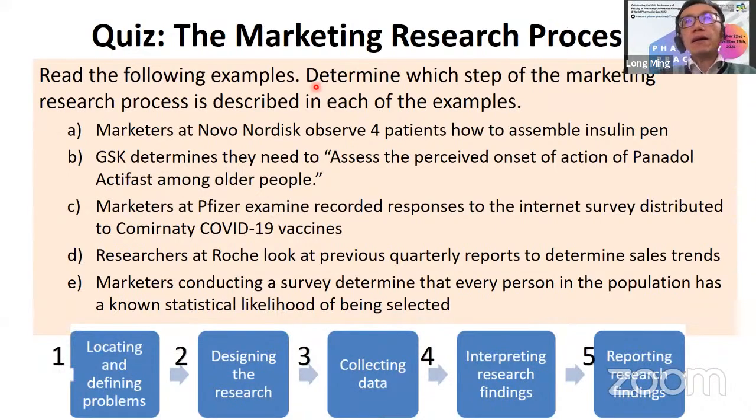Okay, let's take some time, in fact maybe 5 minutes. Can you do it now and then type your answers in the chat box. So you have A, B, C, D, E here. You just need to identify which step A is: step 1, step 2, step 3, step 4, step 5.